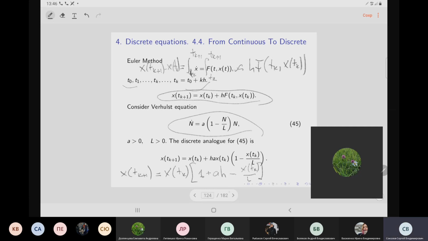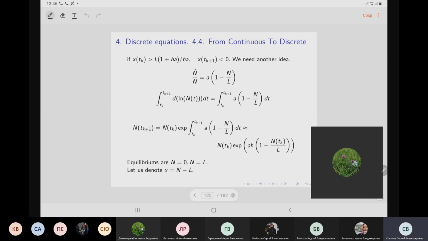We can analyze the right-hand side, and we can see that the quantity can become negative if x of tk is big enough. So if x of tk is greater than L times (1 plus AH) divided by AH, then the next solution will be negative.